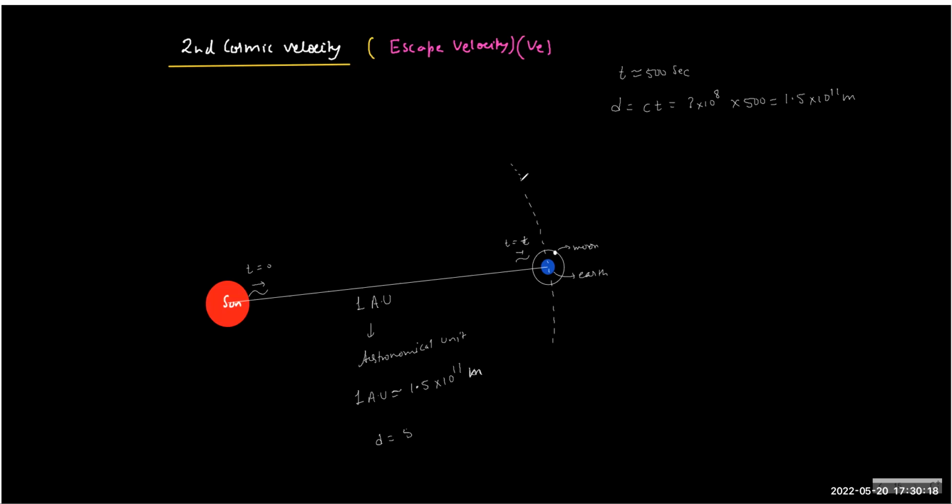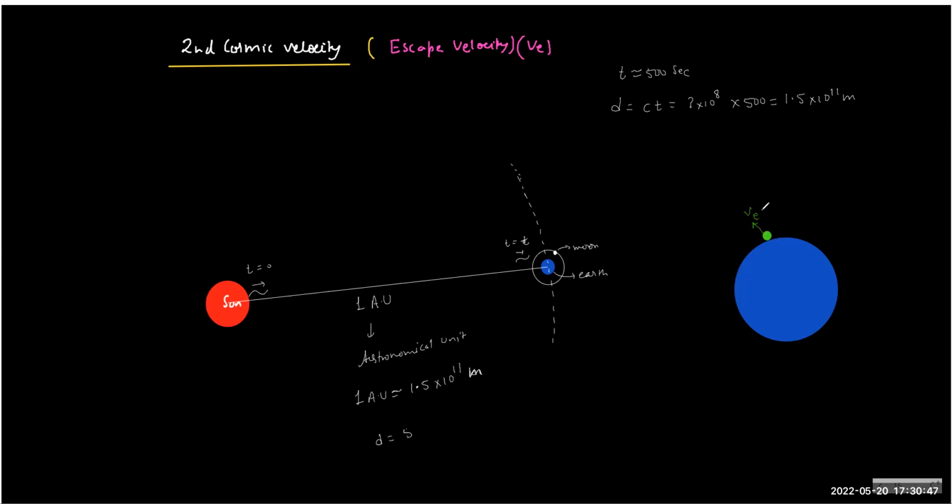So I'm talking about the condition of why something will leave the Earth. Imagine from Earth you throw a particle, you throw something, and the question is how fast we must throw so that it should never return to Earth.